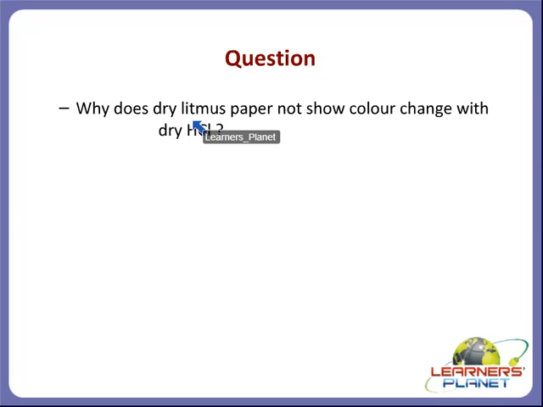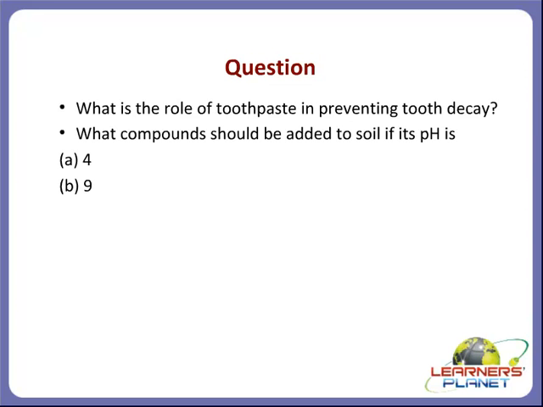So when the litmus paper is wet, water molecules provide that proton, whereas when it is dry there are no protons.